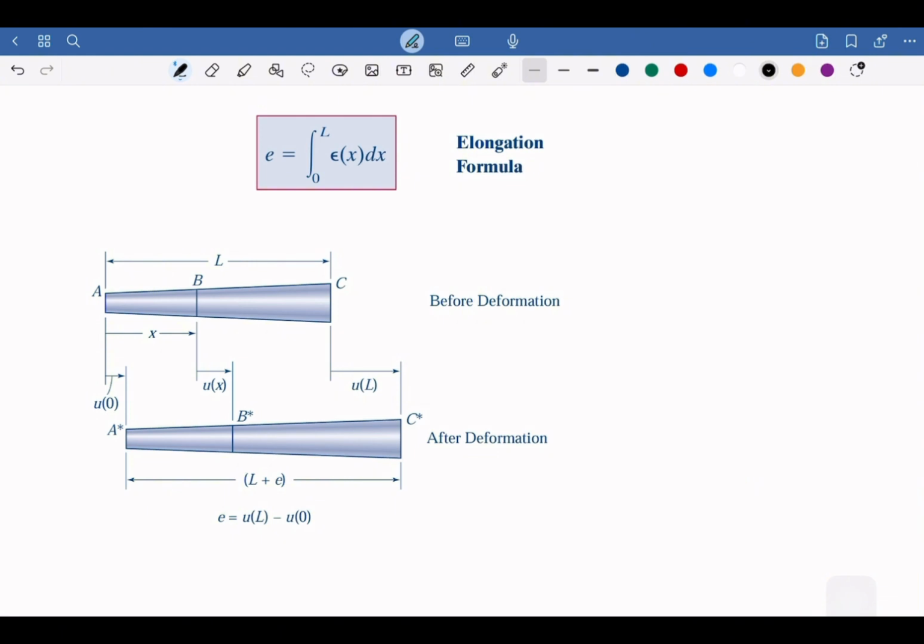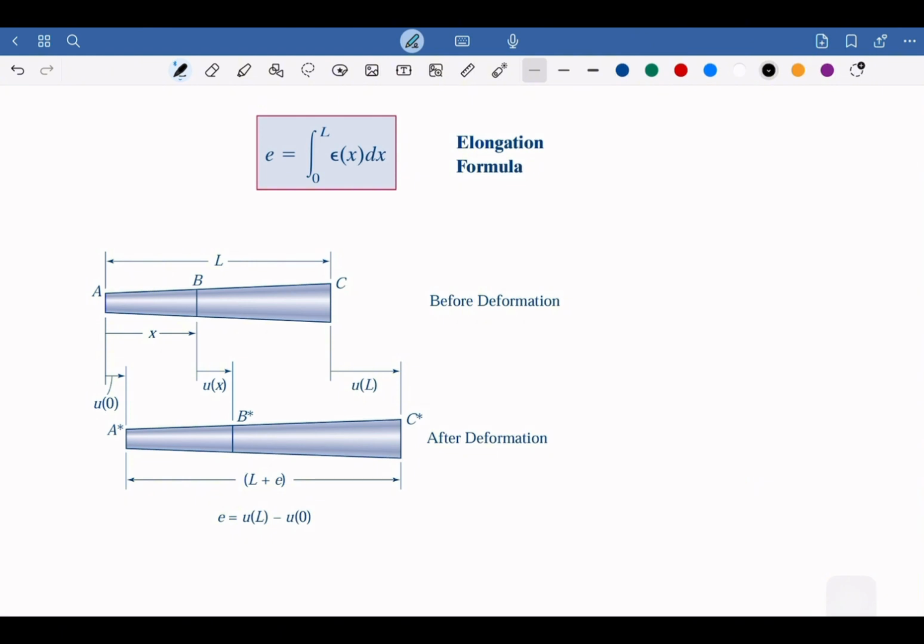So we start with the initial point A, and we take that as u at 0, and then we define a function u as a function of x.